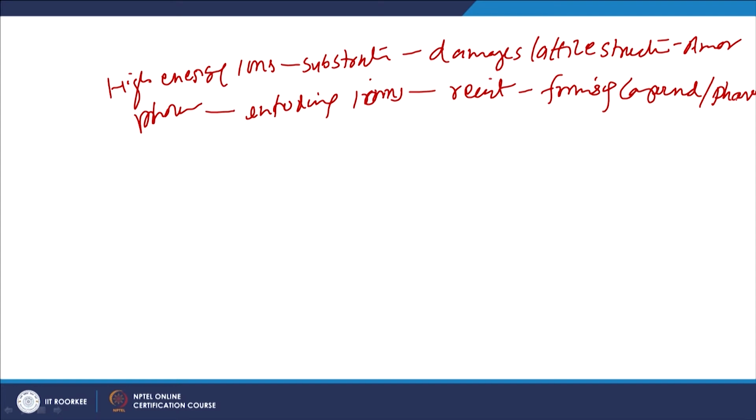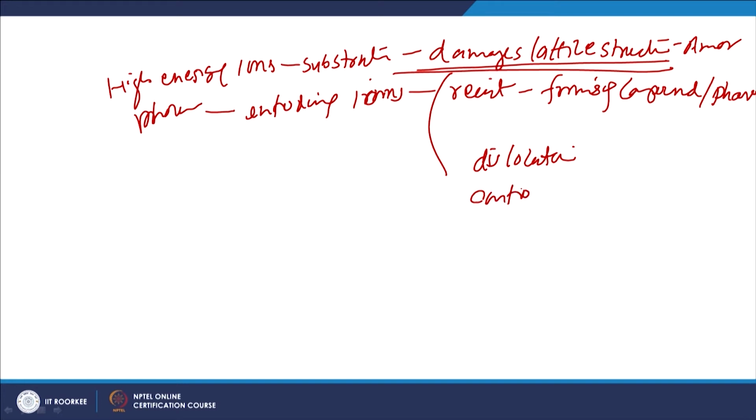There is one specific thing to mention, which is that damaging the lattice structure leads to the formation of dislocations. So dislocation density is increased in a very controlled way through the impact of these high energy ions.